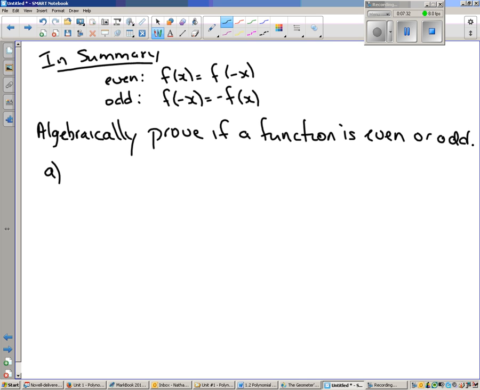We're going to go through 3 examples. The first one is f of x equals negative 2x squared plus 6.